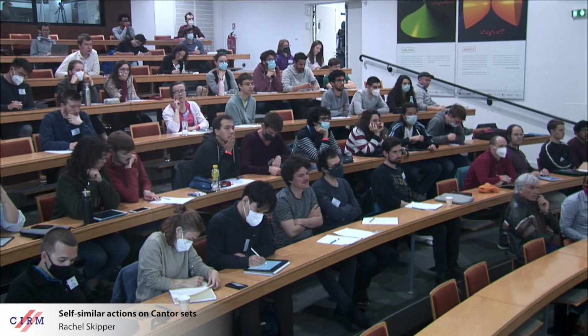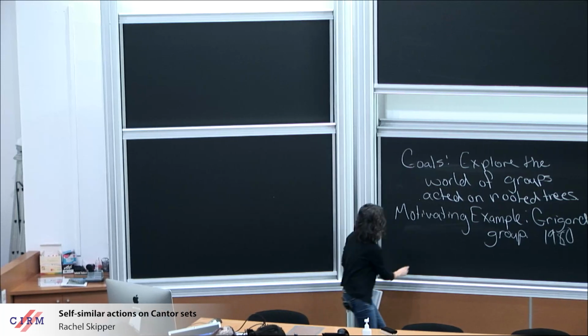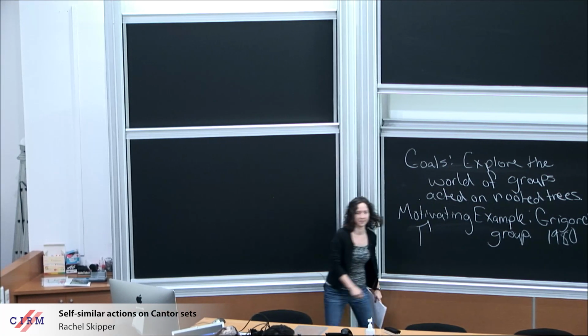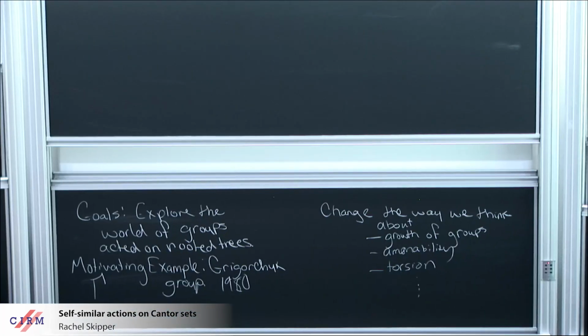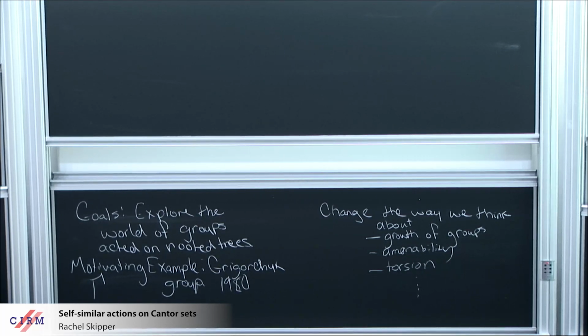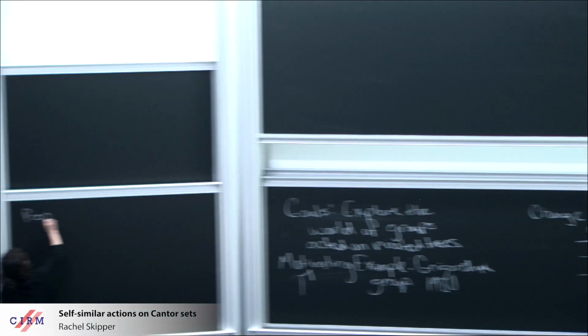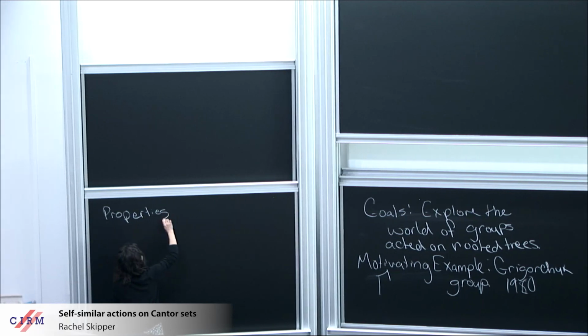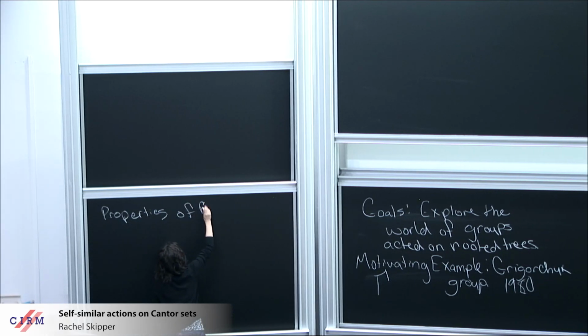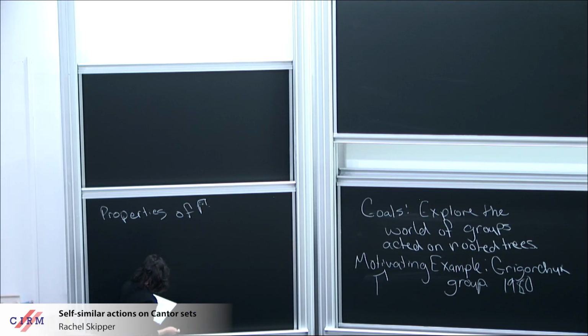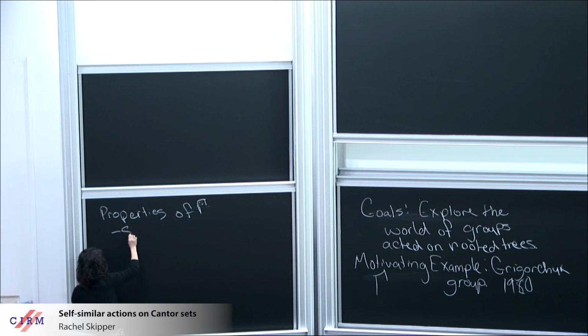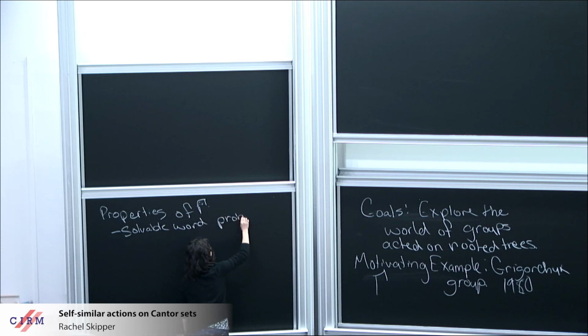I will use gamma throughout the mini course to represent the Grigorchuk group. So, properties of gamma that we'll talk about here. First of all, it has a solvable word problem, and even more than that, it's solvable in polynomial time.